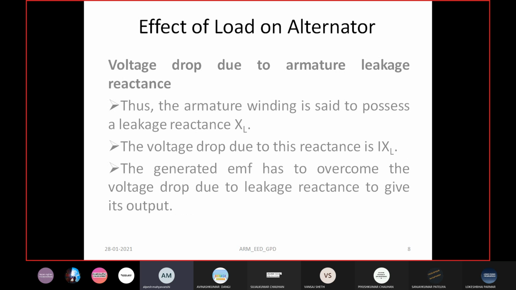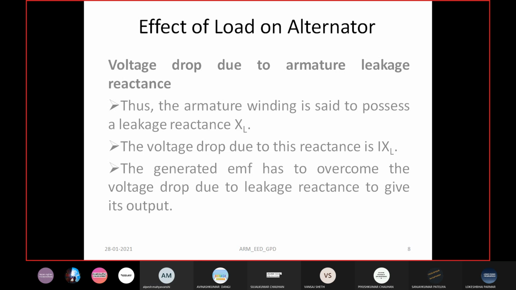So the armature winding is said to possess a leakage reactance. If EMF is generated due to the self inductance, we can say that this armature winding possesses a leakage reactance. Current is always flowing through this armature winding, which has the leakage reactance Xl, so the voltage drop due to this reactance is IXl.